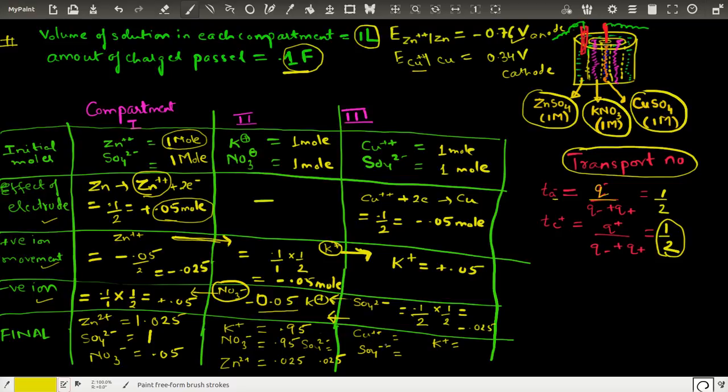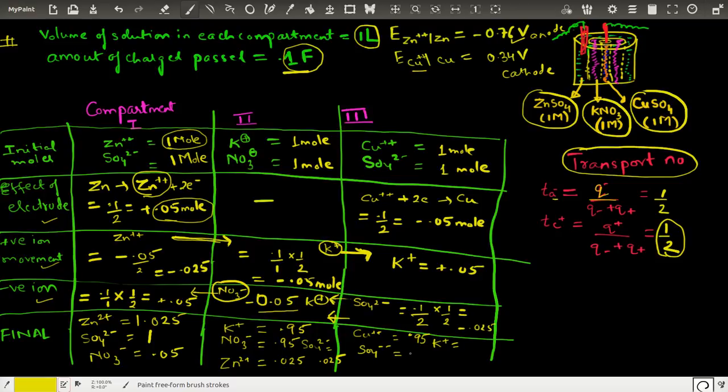For the copper in the third compartment, initially it was 1 mole, out of which 0.05 moles actually left. Why are we saying concentration? Because the volume of the solution is 1 liter, so it is moles as well as molarity. So copper is 0.95.